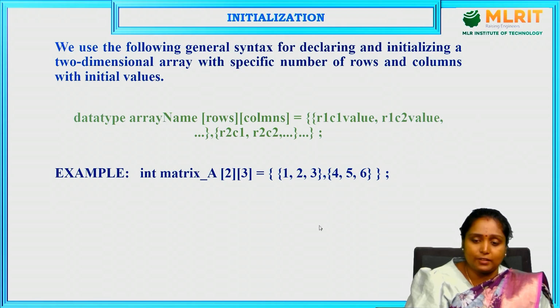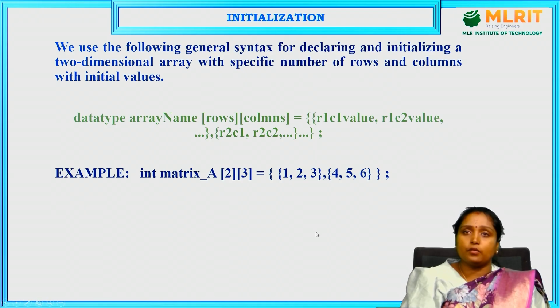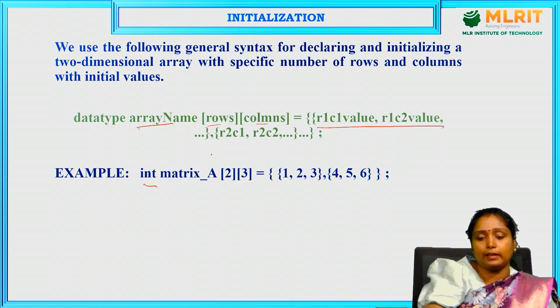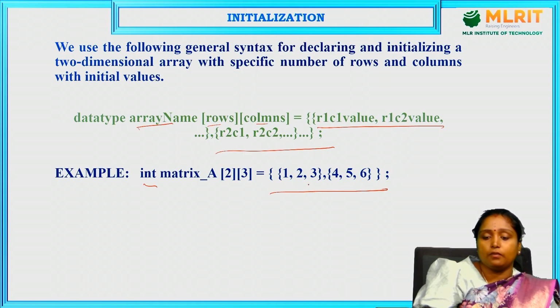Coming to the initialization part. The general syntax of initialization is int, array name, rows and columns equals to, and you can write like this: 1, 2, 3, 4, 5, 6.